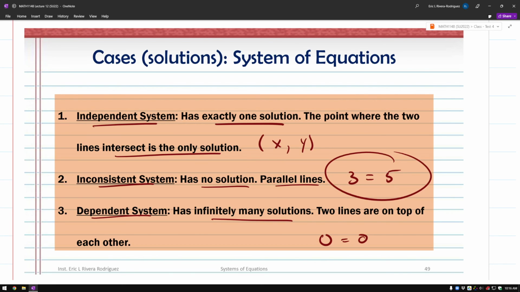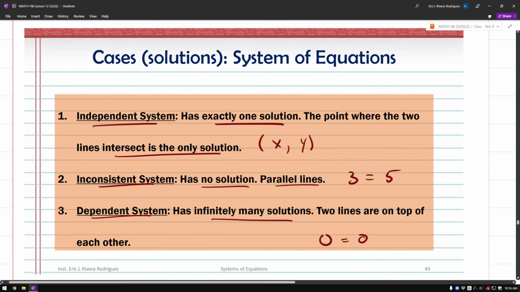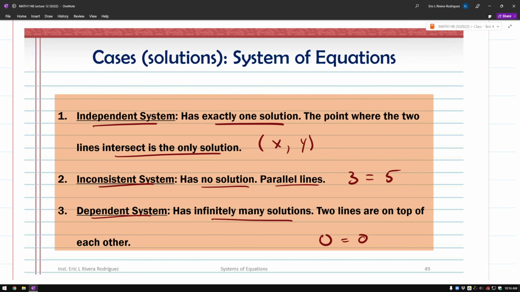You see 3 equals 5, that is completely wrong, but you need to remember, oh, this is telling me that we are working with an inconsistent system. It is not always the case that we are going to find x equals something and y equals something. So keep this in mind.